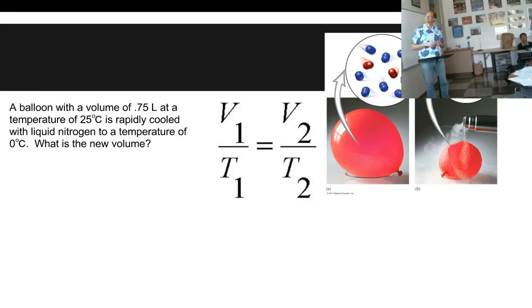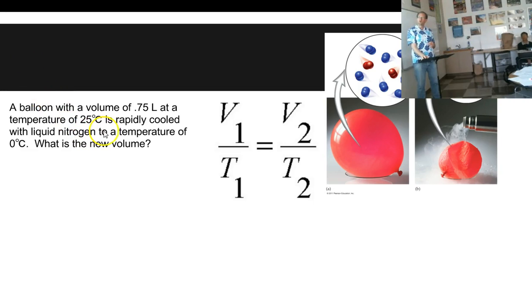Here's an example. This is that balloon example I gave you: a balloon filled with a volume of 0.75 liters at a temperature of 25 degrees Celsius is rapidly cooled with liquid nitrogen to a temperature of 0 degrees Celsius. What's the new volume? So here they're pouring liquid nitrogen over a balloon. Here's my equation, V1 over T1 equals V2 over T2.